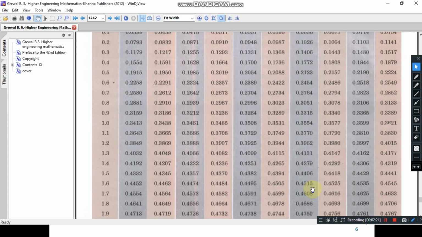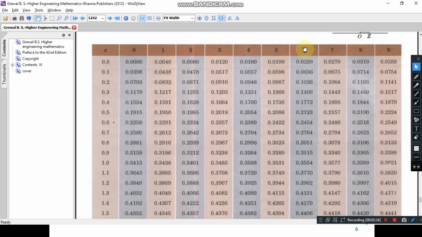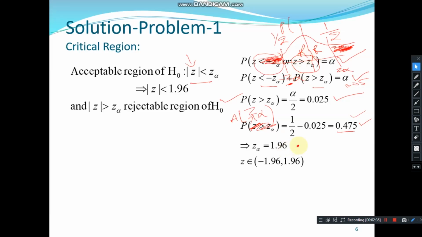It is exactly here, 0.475 opposite to 1.9 and under 6. So it is 1.96. The acceptable region is in between minus z alpha and z alpha, that is, modulus z less than 1.96. The other region, greater than z alpha, is the rejectable region of H0.